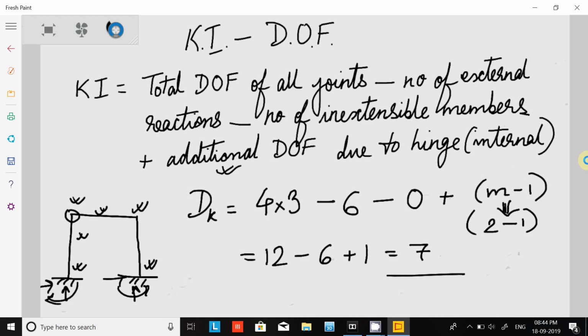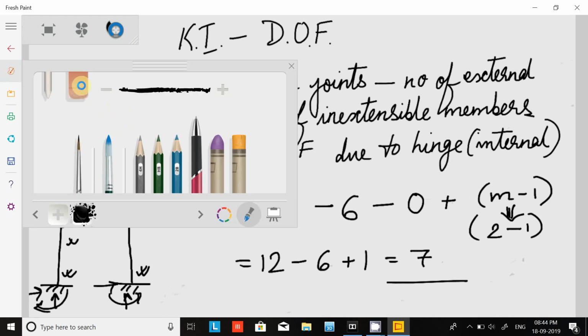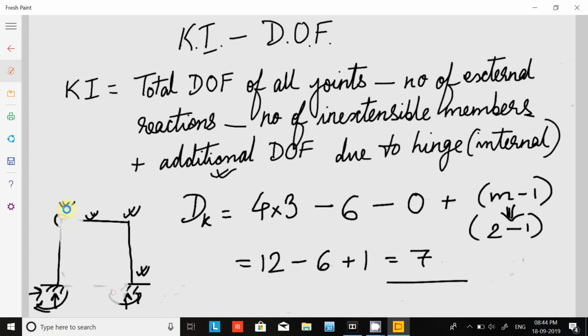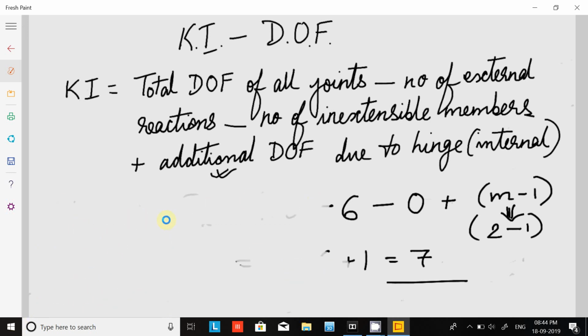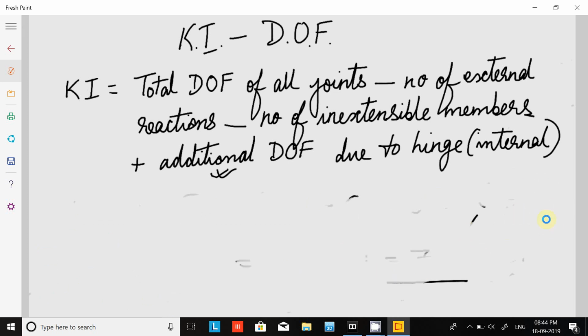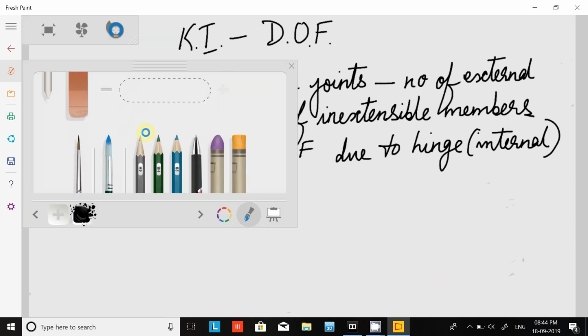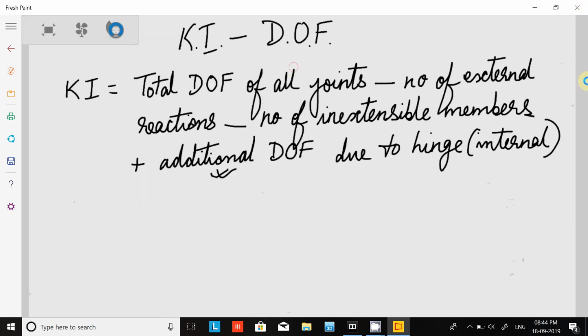Now again, let us try to solve one for the beam. Suppose this is the beam given to us.